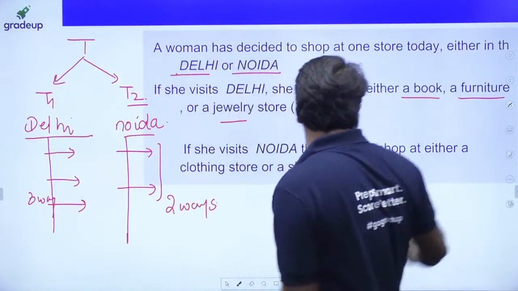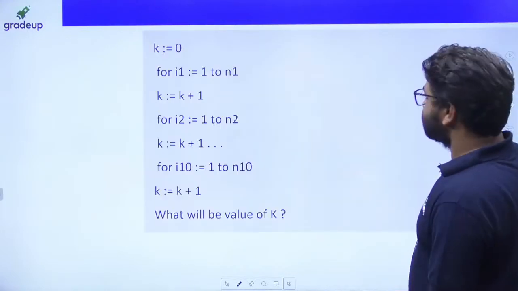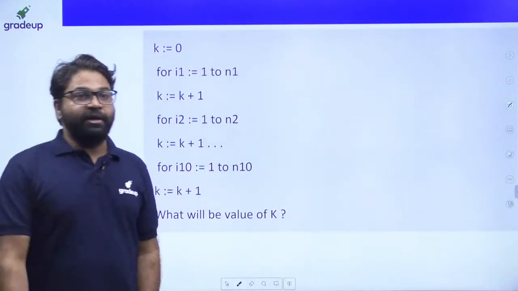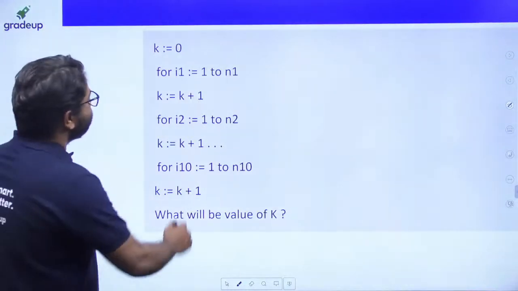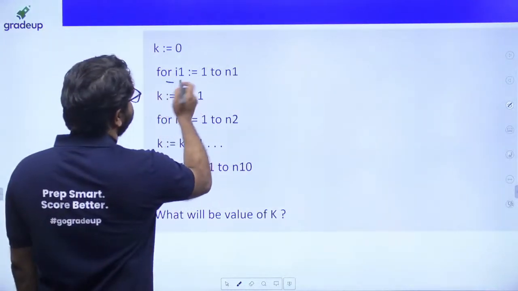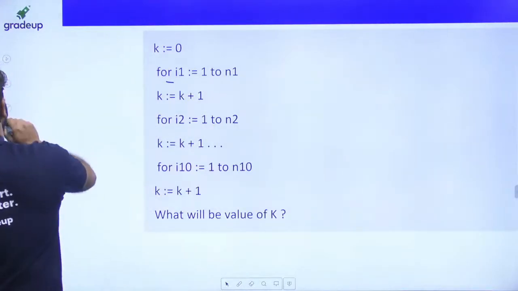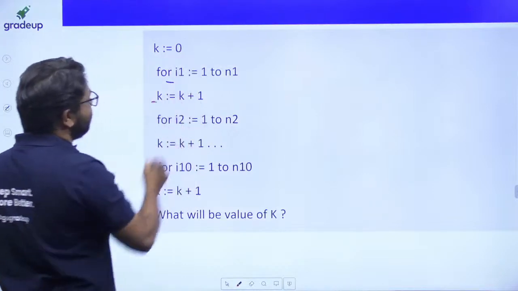Now let me try to solve this particular question. Suppose over here your I is moving from C. Now what will be the value of this? It started from 0.